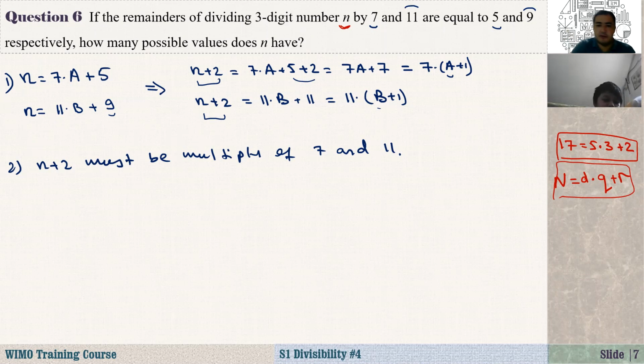Because n plus 2 is divisible by 7 and divisible by 11, it must be a multiple of 77.